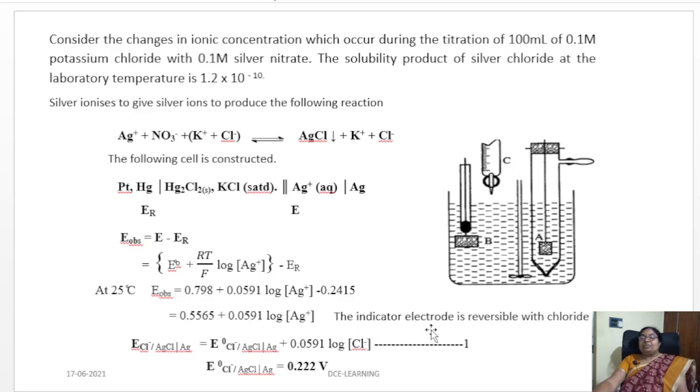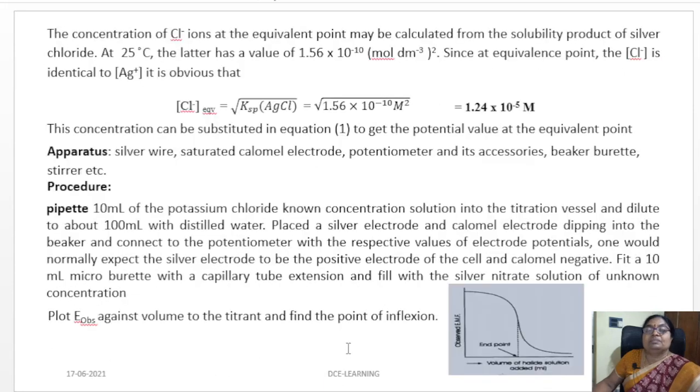The indicator electrode is reversible with the chloride ion. Therefore, the EMF of AgCl is equal to the standard potential plus 0.059 log. We can change Ag to Cl minus, because the EMF of the indicator electrode depends on the concentration of the chloride ion.